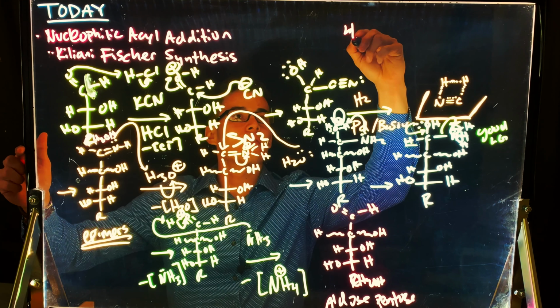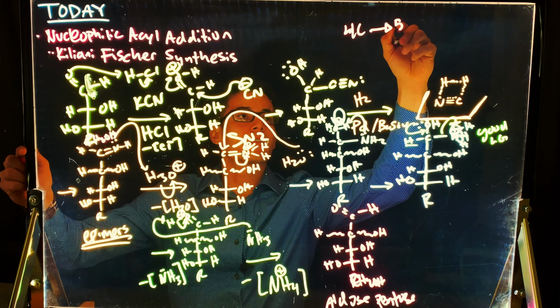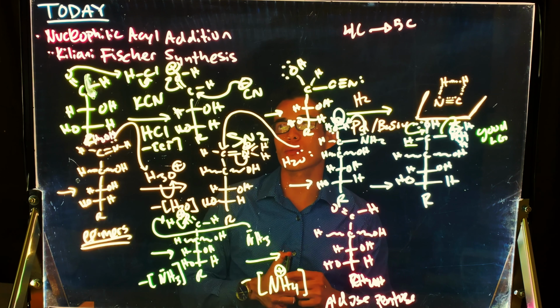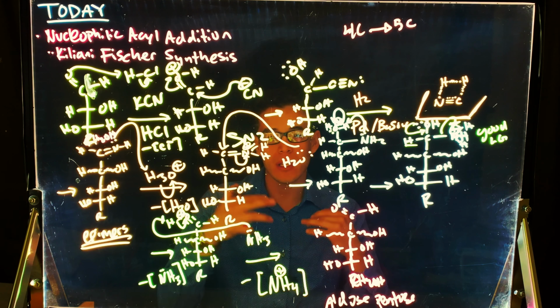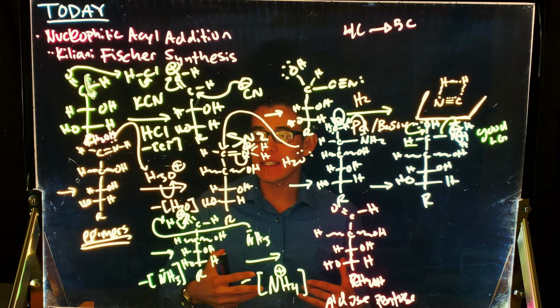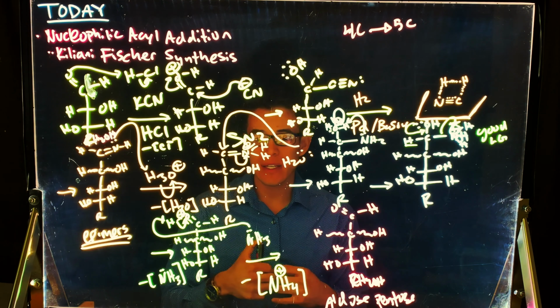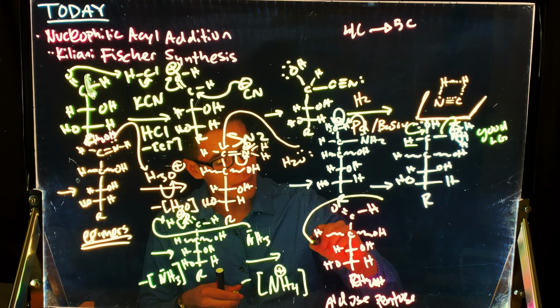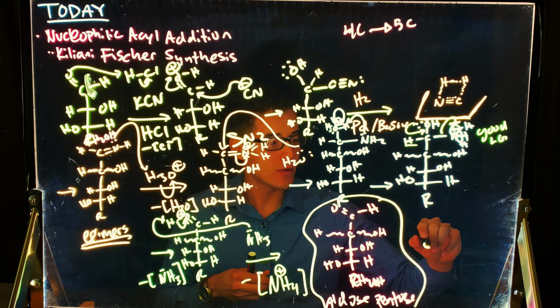So we went from 4 carbons to 5 carbons. And that's characteristic of the Kiliani-Fischer synthesis, where we're adding a carbon group to the long carbon chain, and we're lengthening our carbohydrate. We're lengthening our sugar by 1 carbon molecule. So this is going to be our final product.